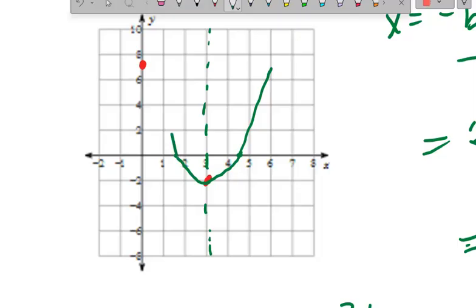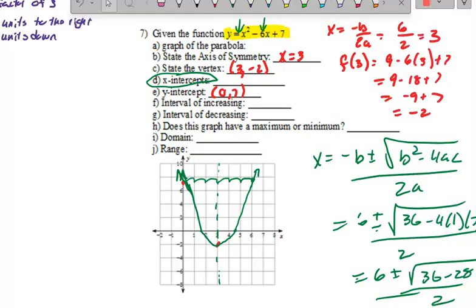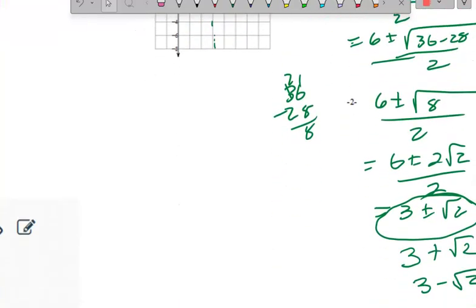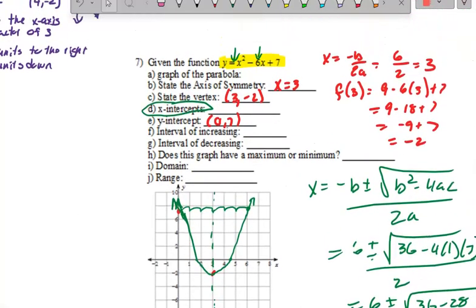Honestly, I don't care too much about it. I'm going to go 1, 2, 3, 1, 2, 3. Bam. Put arrows. So that's going to give me enough. X-intercepts. What was it? 3 plus or minus radical 2.